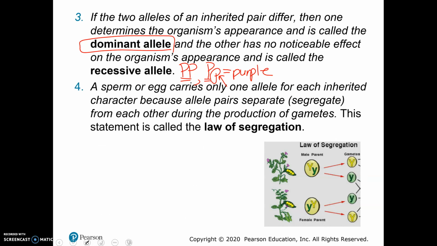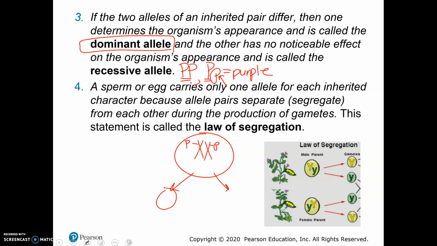And so this is explaining his other law, which is called the law of segregation. So we just talked about meiosis, and he didn't know about meiosis, but in essence, that's what's happening in meiosis. If we imagine that these are carried on chromosomes, and you had a parent that was big P, little p, when they go to make sperm or eggs, meiosis would happen, right?